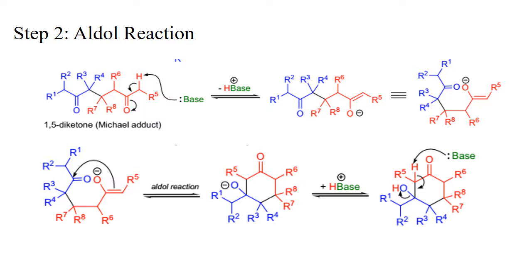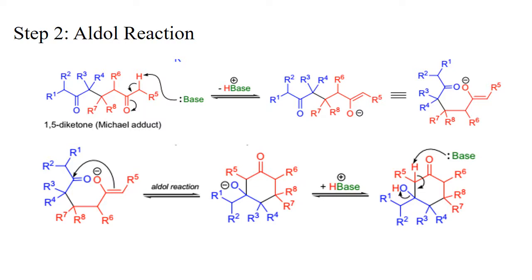This alpha carbon is less hindered, so this alpha proton is easily abstracted by a base, and on the other hand the alpha carbon near the blue carbonyl carbon is more hindered because it is attached with two alkyl groups. So this enolate can be written in this way.